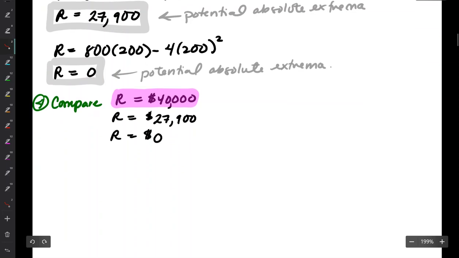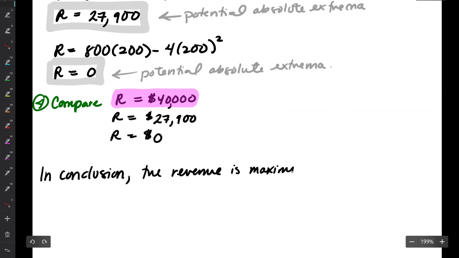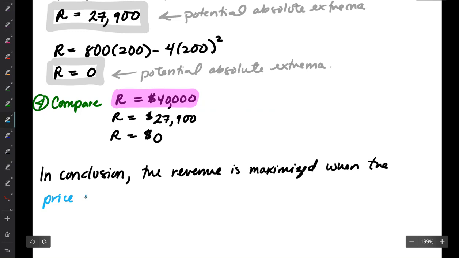Okay, so here we have it. In conclusion, the revenue is maximized when the price to rent each car is $100.